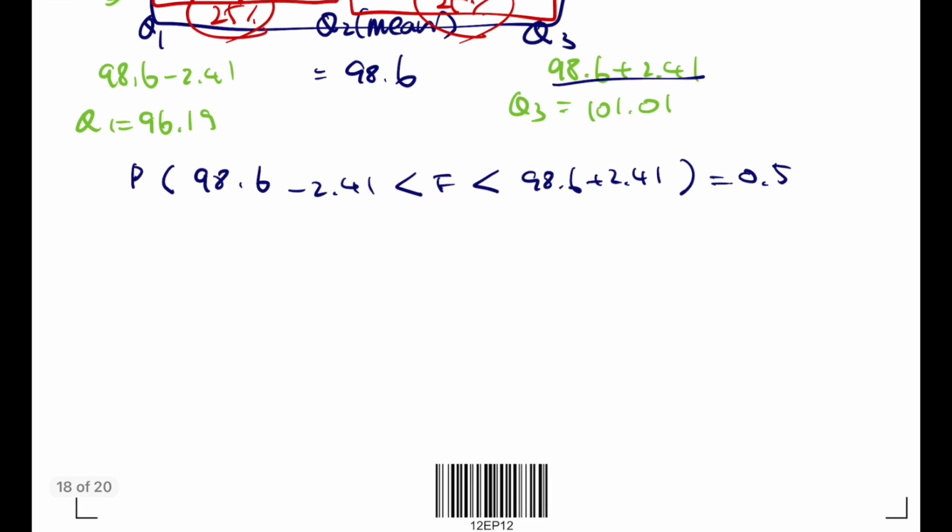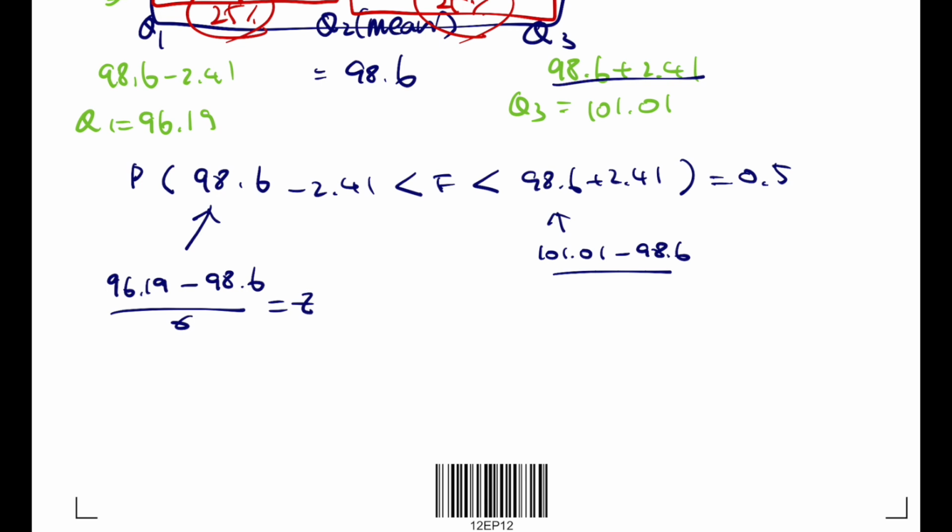Then we can use inverse norm to set the Z equation for each side, right? For the left hand side, we can say (96.19 minus 98.6) over the standard deviation is equal to Z. For the second part, (101.01 minus 98.6) over the standard deviation is equal to Z, okay?